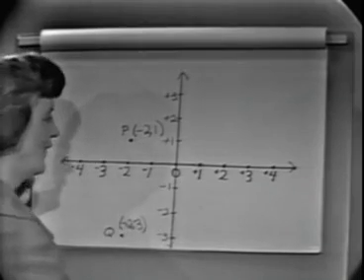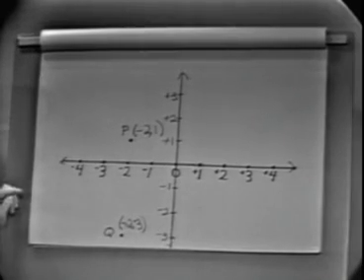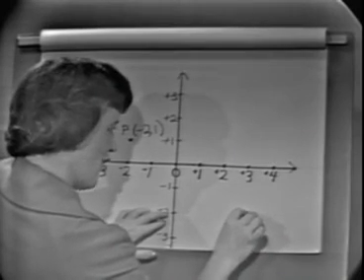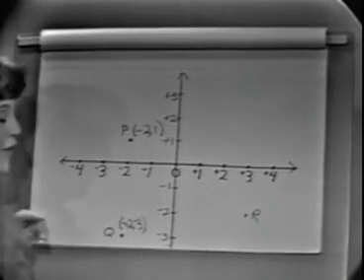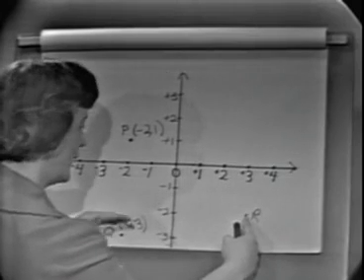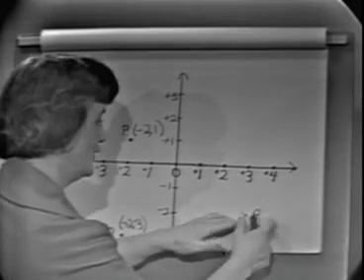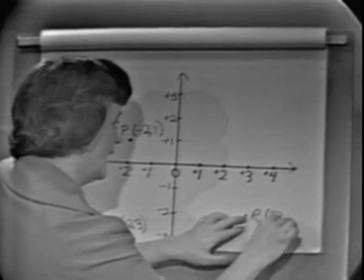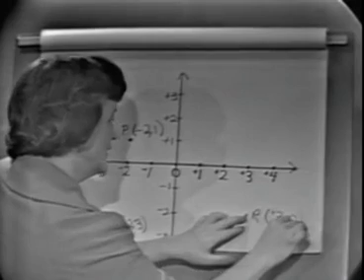But now let's locate some other points. Say we locate a point over here we'll call R. What are the coordinates of that point? On a vertical 3, horizontal negative 2. The coordinate, positive 3, negative 2.